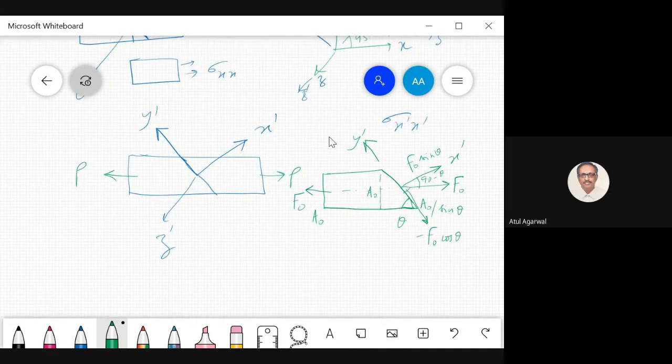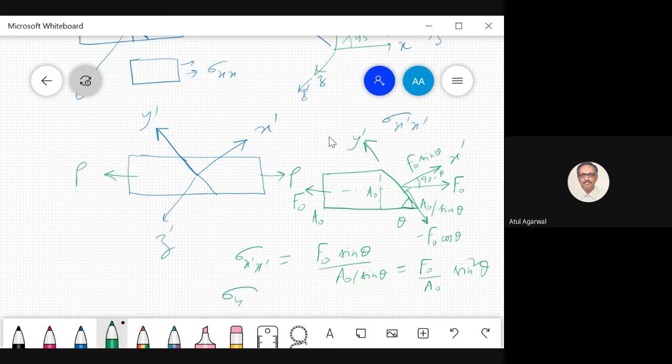So what is my sigma x prime x prime? Force component along the x prime direction is F naught sine theta. Area of the face is A naught by sine theta. So I get F naught by A naught sine square theta.